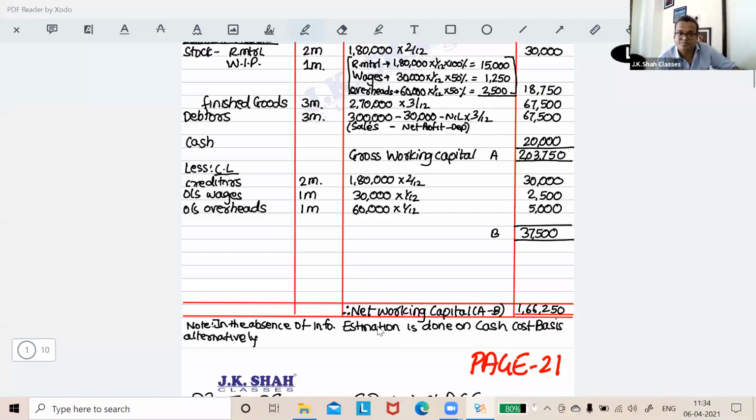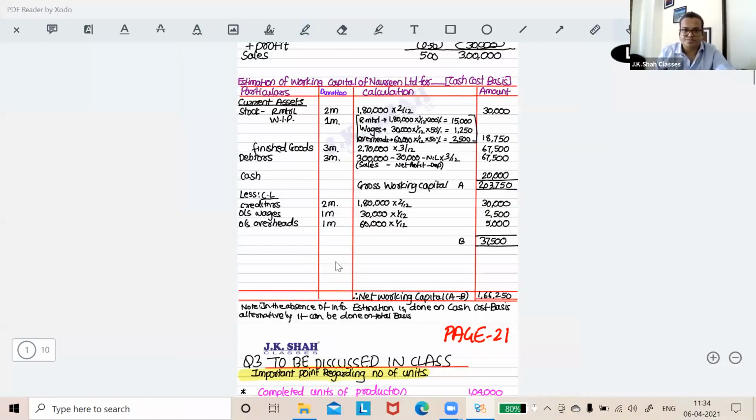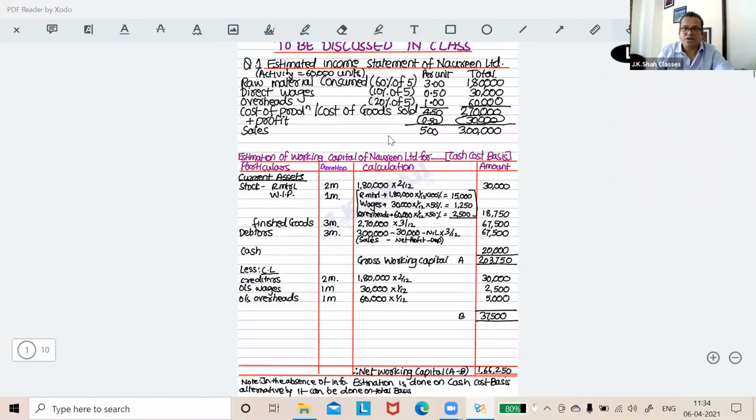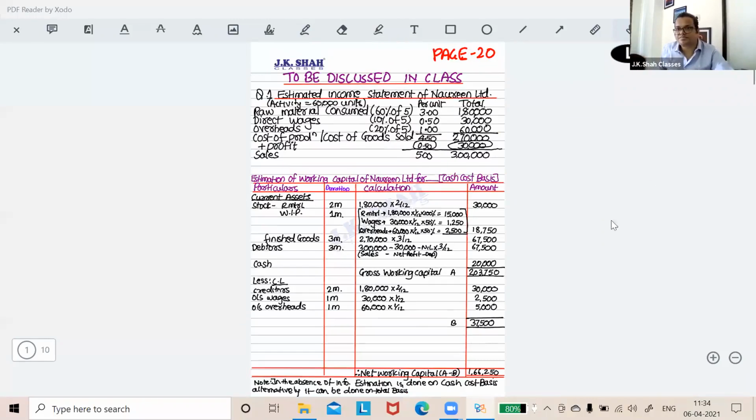Alternatively, it can be done on total cost basis, right? This is what you know. Yes, guys, these are the questions to be discussed in class. So I strongly recommend that you take a screenshot of this. Then put your doubts in the chat box, or at the end if you have a doubt.